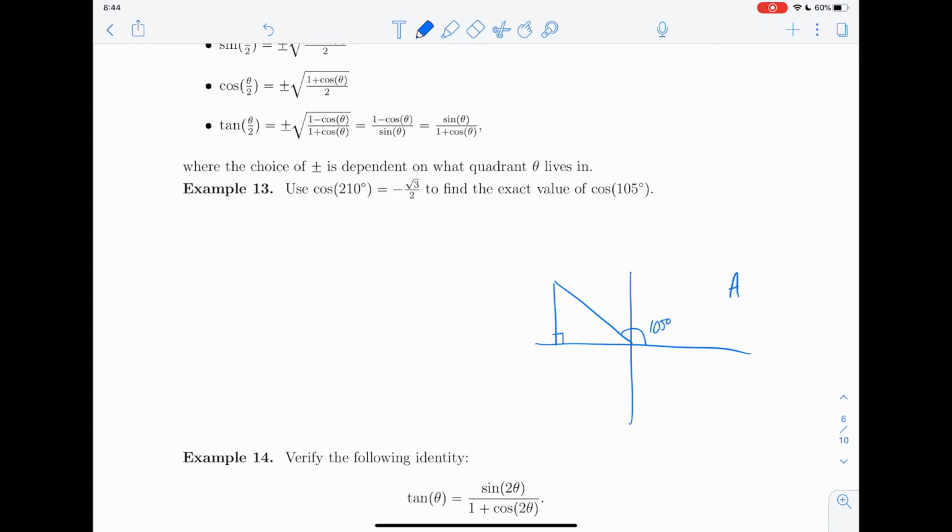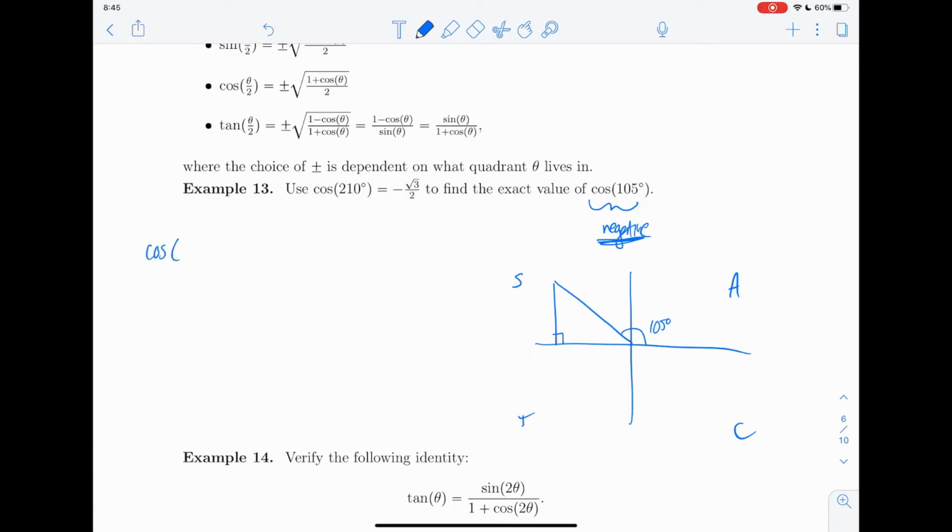All right, we have A, S, T, C. We know now that cosine of 105 degrees, since we live in quadrant 2, is going to be negative. So that's going to inform us when we take our root, whether we want to take a positive or a negative root. Which root do we want to take? Or what are we taking the root of, I should say?